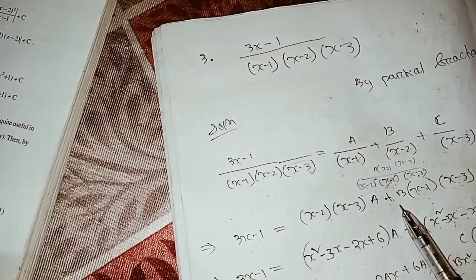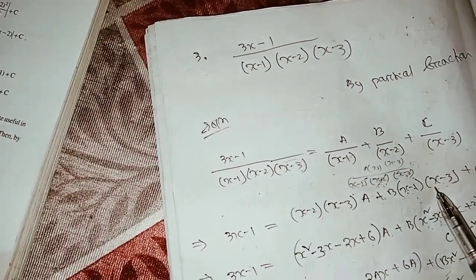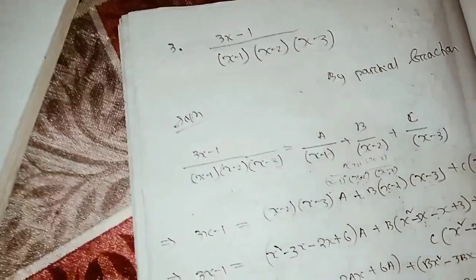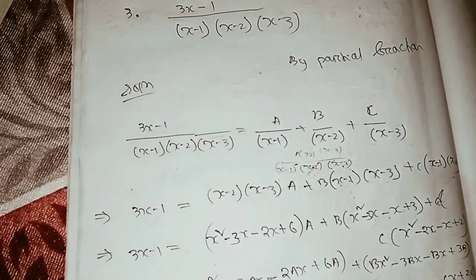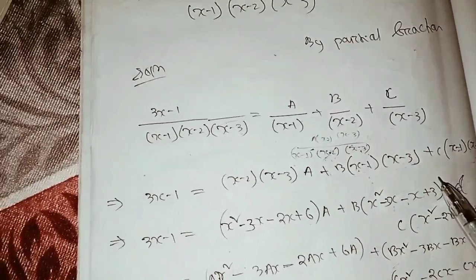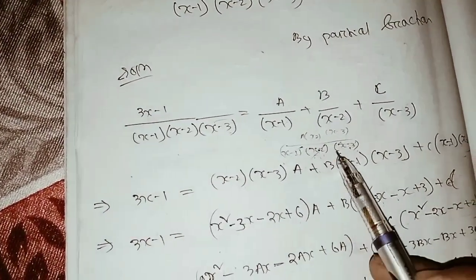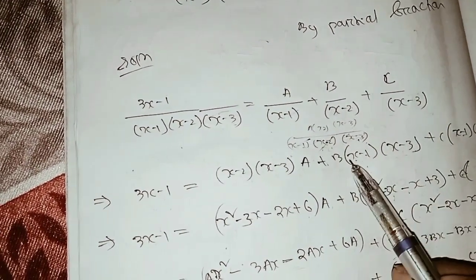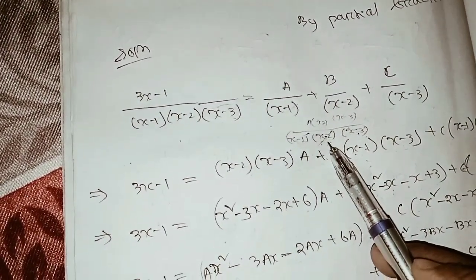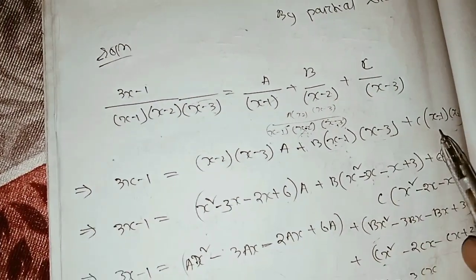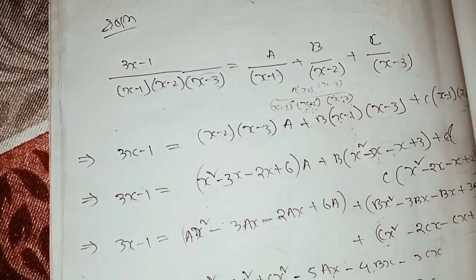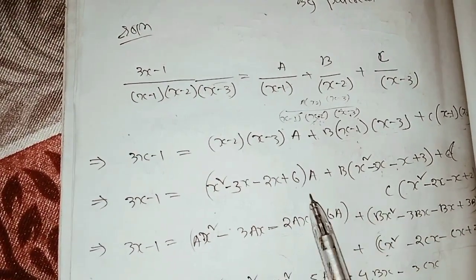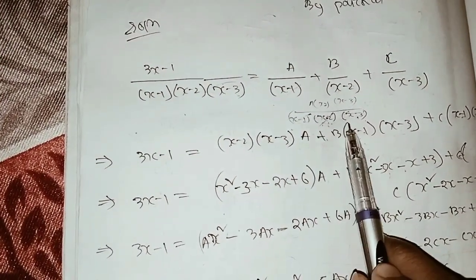Don't be confused. For c, x minus 3 and x minus 3 will cancel out, and remaining x minus 1 and x minus 2 multiply with c. Simply we take the LCM here.